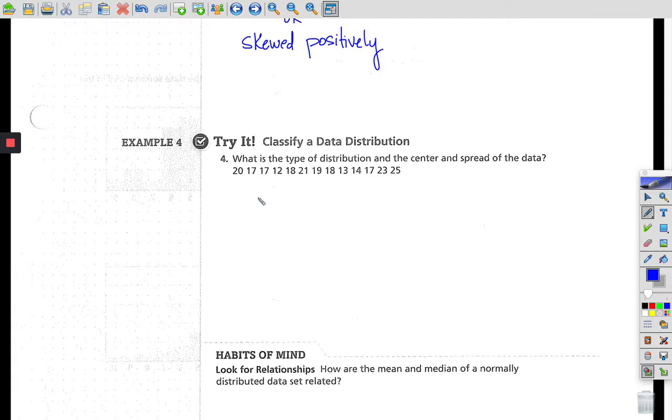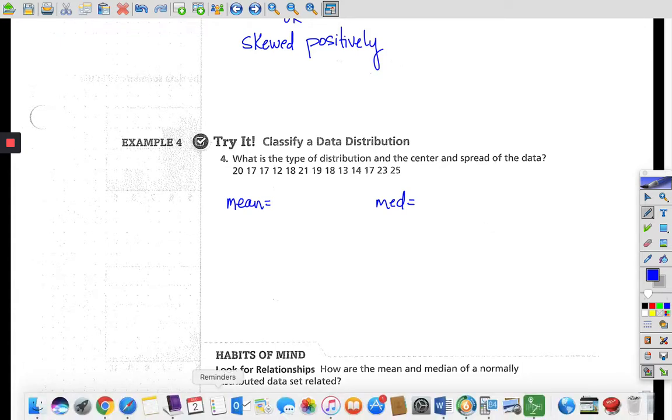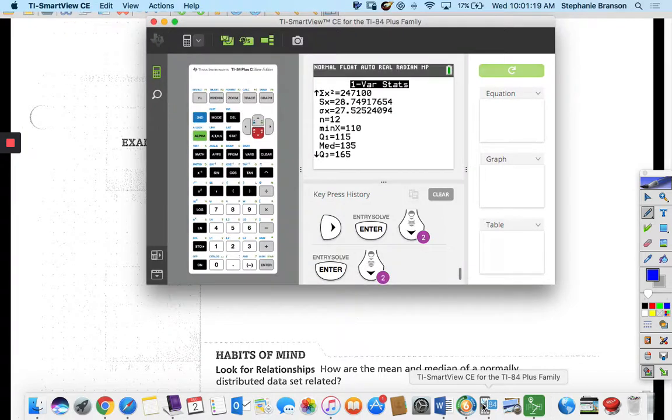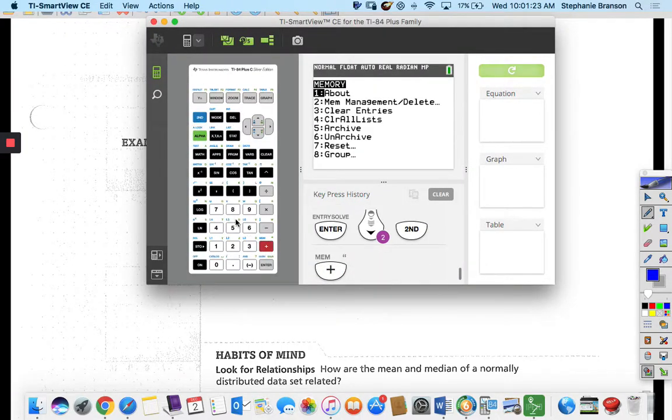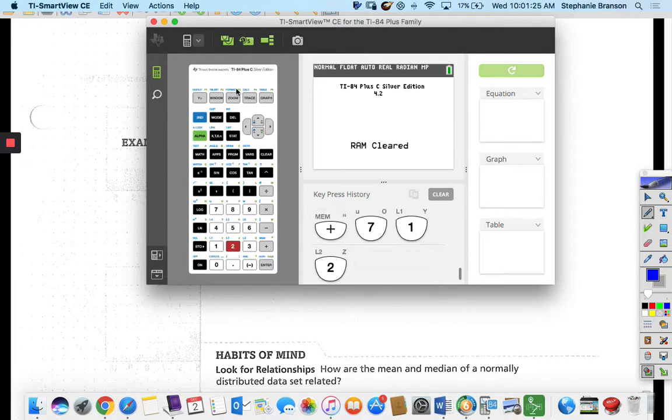All right, what is the type of distribution and the center and the spread of this data? So we're going to find our mean and median. That tells us what type of distribution it is. And then we'll have to give the center and the spread. So I'm going to clear it, second plus 712.